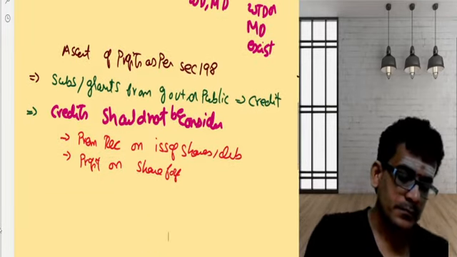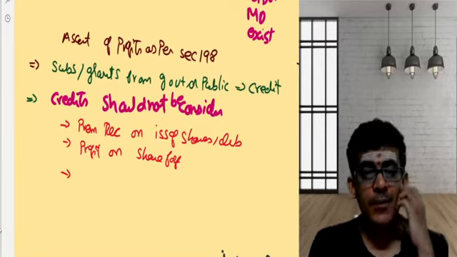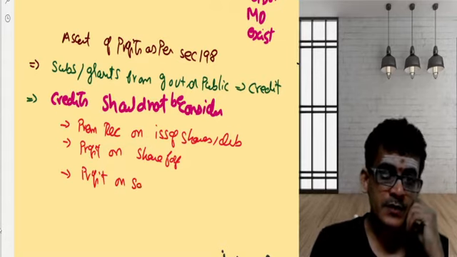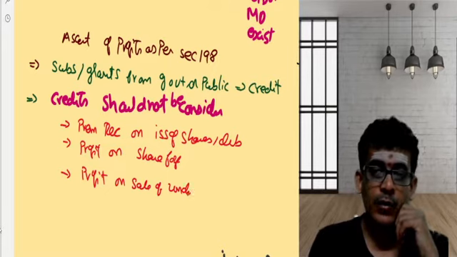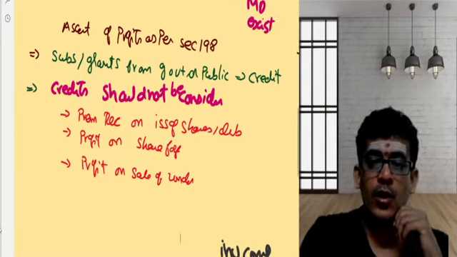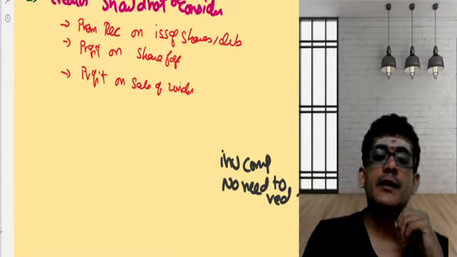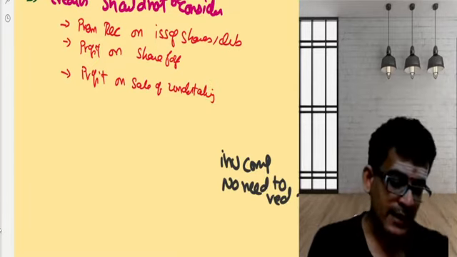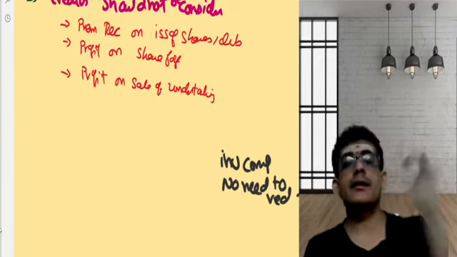Then the next point says profit on sale of undertaking. You are having an undertaking, you are selling that undertaking. Profit on sale of undertakings or part thereof.